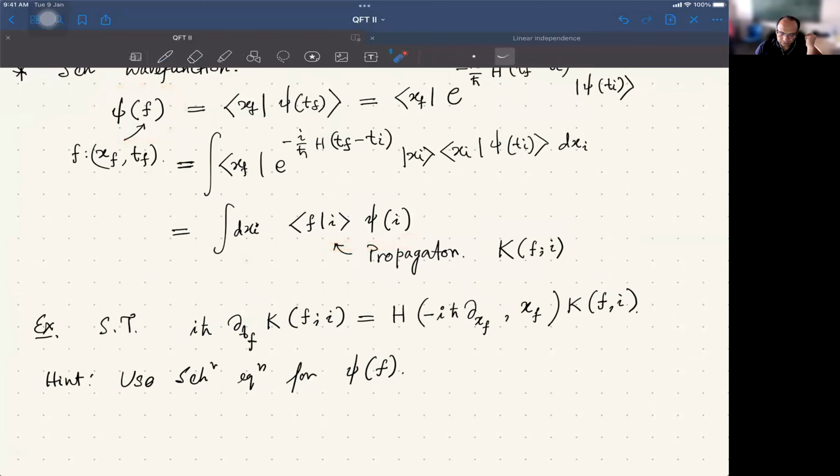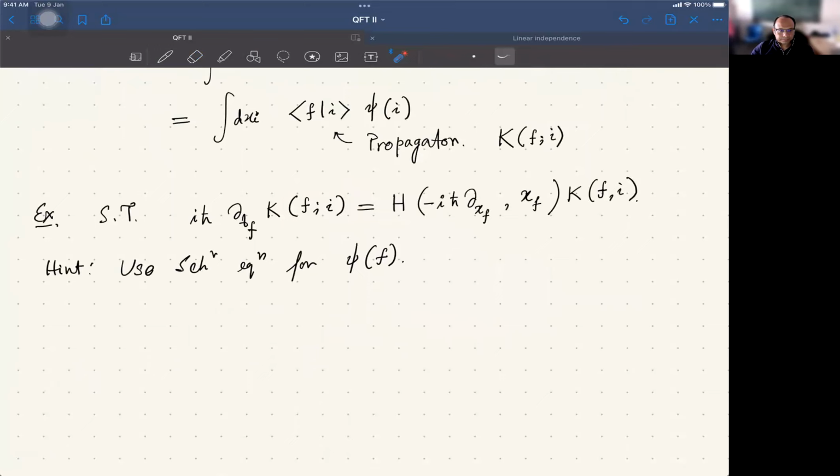So this psi f satisfies the Schrodinger equation, and all the derivatives, the time derivative and space derivative, acting on that are finally going to act on this kernel or the propagator here. And that is how you will be able to show this result.